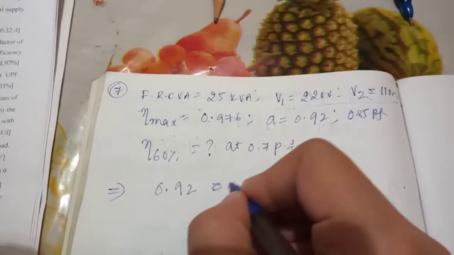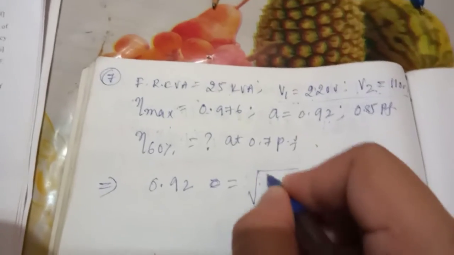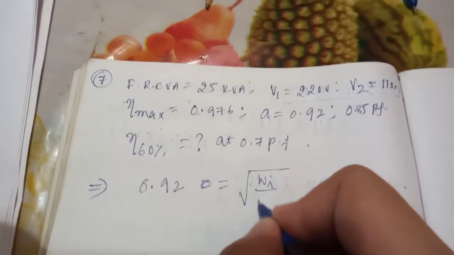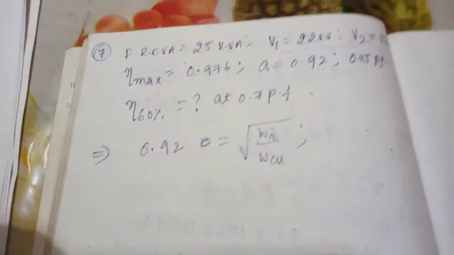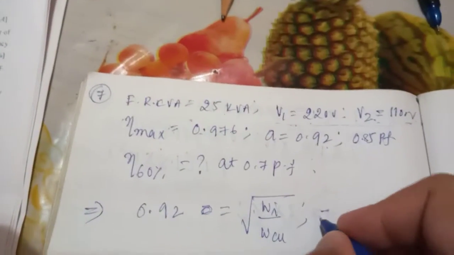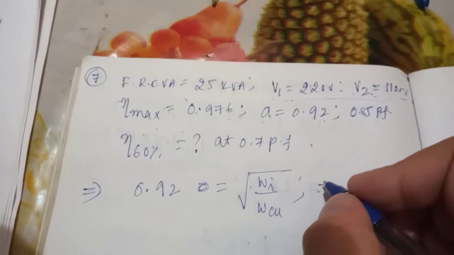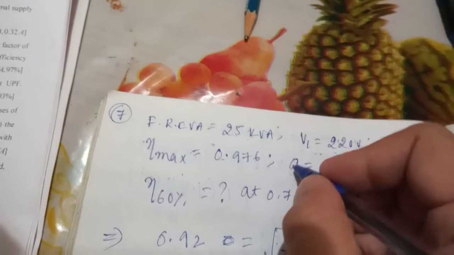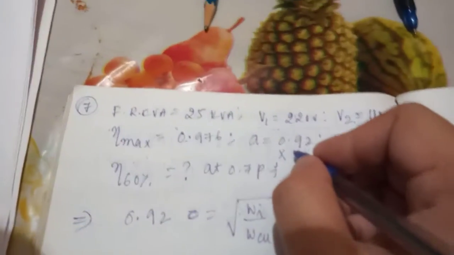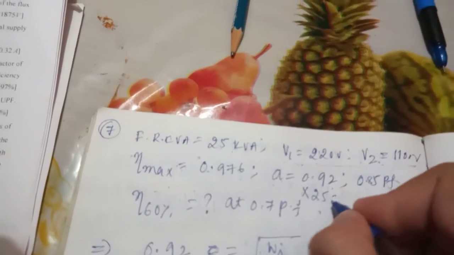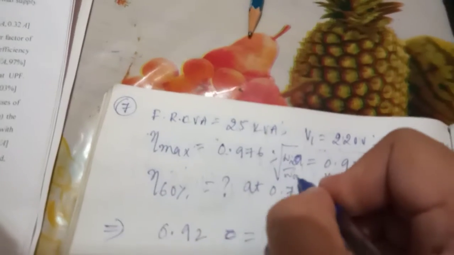0.92 is equal to square root of Wi by WCU. Right now Wi by WCU, that is the 92% of load. It is not even x is equal to 0.92 into 25 kVA. Actually that is the kVA at which the efficiency is maximum, right? Like that I have to write what is 0.92. 0.92 is equal to square root of Wi divided by WCU.